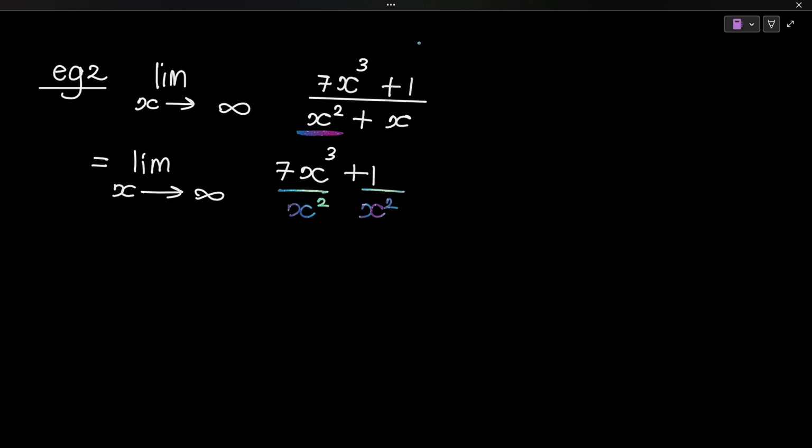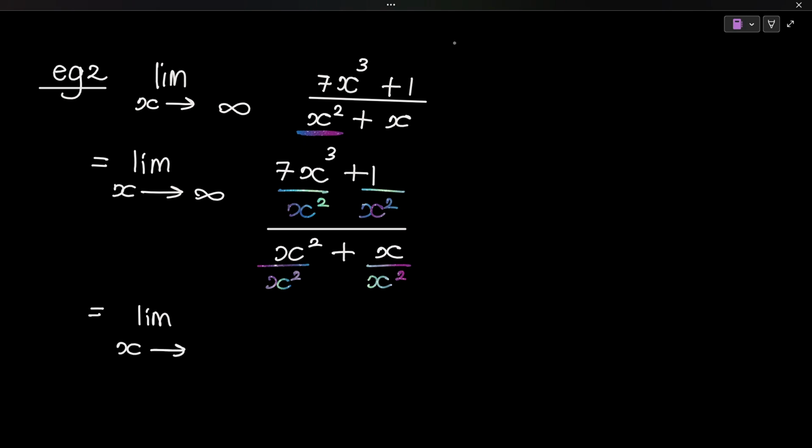Okay, so in the denominator as well. So we have x squared plus x, and we are dividing by x squared. Now your second step is to simplify. So we've got the limit as x approaches positive infinity, and we're now going to cancel out and apply laws of exponents.